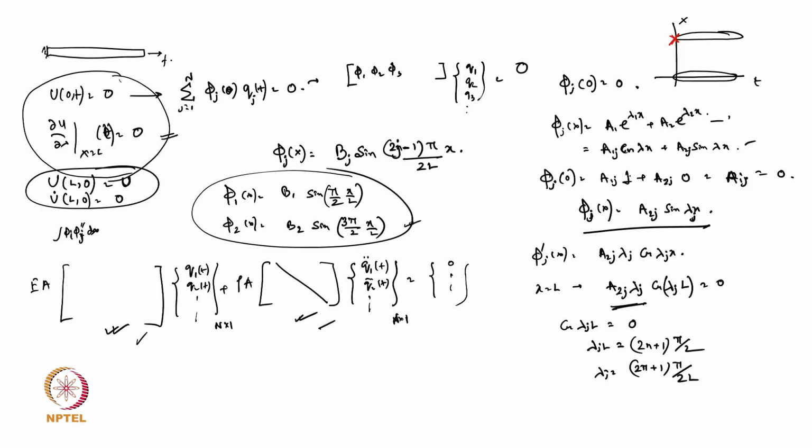we are having a system, fine. Now if we are saying that the end point is displaced by some amount, what we are specifying is just the end point, how much it is displaced at t equal to 0, at the initial time.